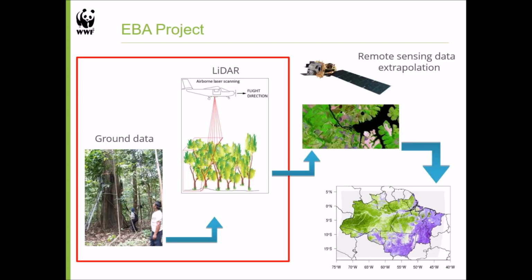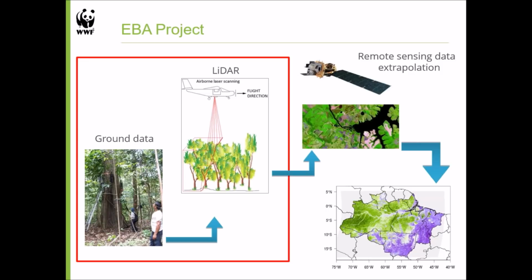Well, in a schema about our project, we have some ground data, some field data. That is, we went to the field and got some measurements of biomass in plots on the field. We did some measurements, but we had a lot of partners that have field data and provided it to us. We exchanged data with them.